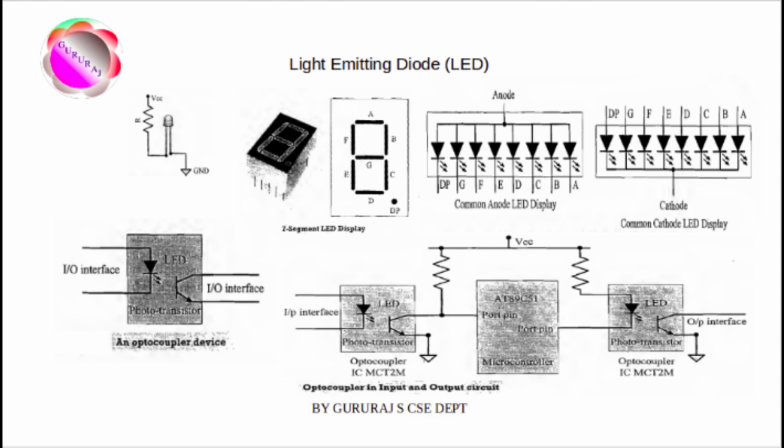The LED segments A to G and DP should be lit according to the numbers and characters to be displayed. The 7-segment LED displays are available in two different configurations, namely common anode and common cathode. In the common anode configuration, the anodes of the 8 segments are connected commonly, whereas in the common cathode configuration, the 8 LED segments share a common cathode line.